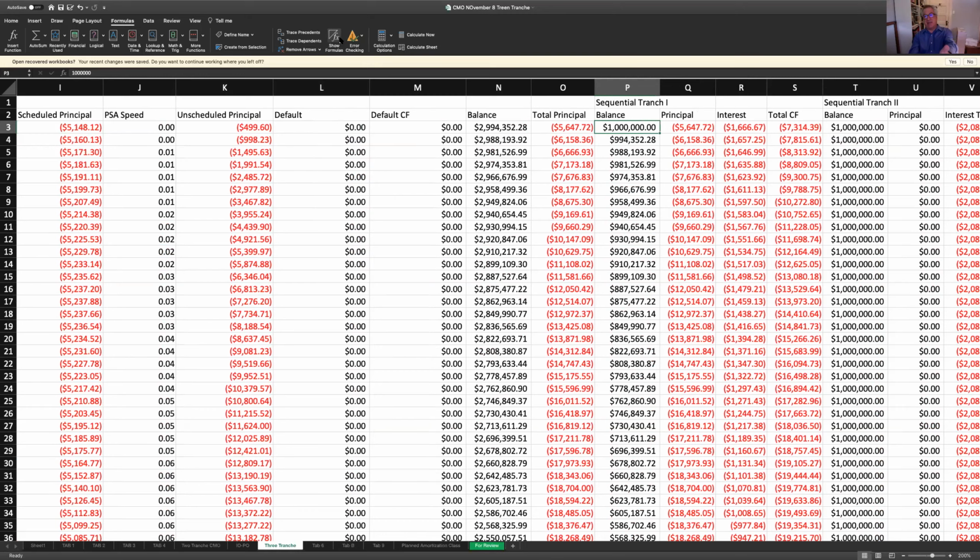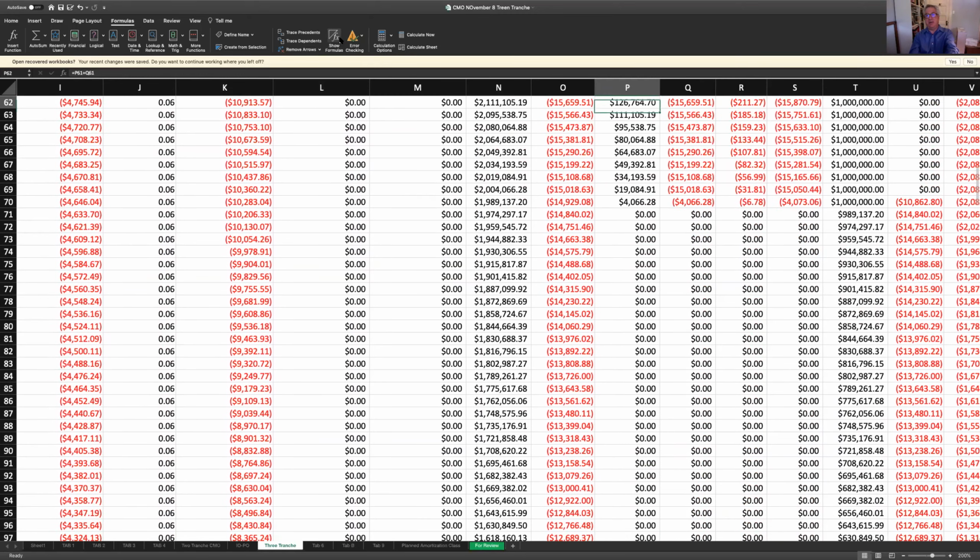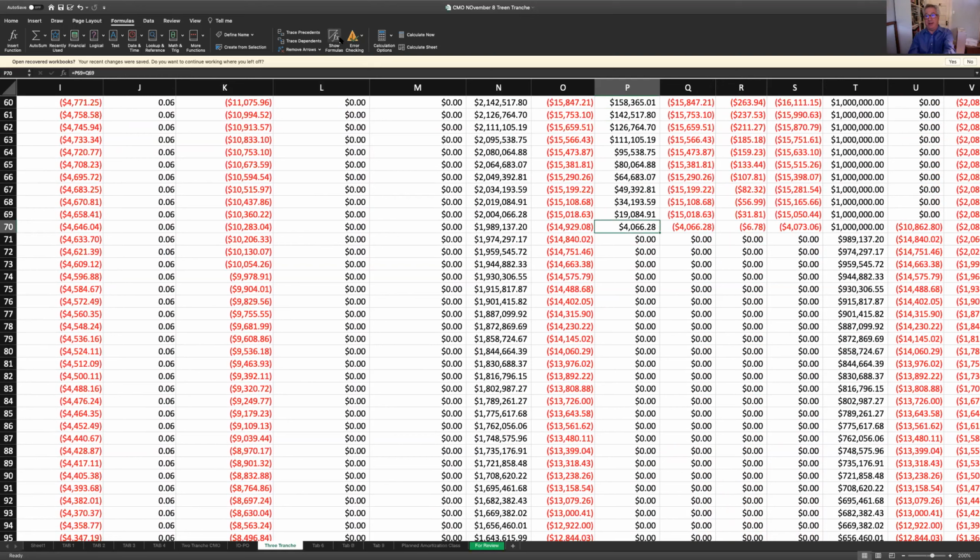And what we see is we go here, we look at sequential tranches. One's balance is getting paid down, getting paid down, getting paid down until it hits 0. And at that point, $4,066 of this $14,929 principal payment gets paid to the first tranche to zero that first guy out. And then the remaining $10,862 goes to the second tranche.